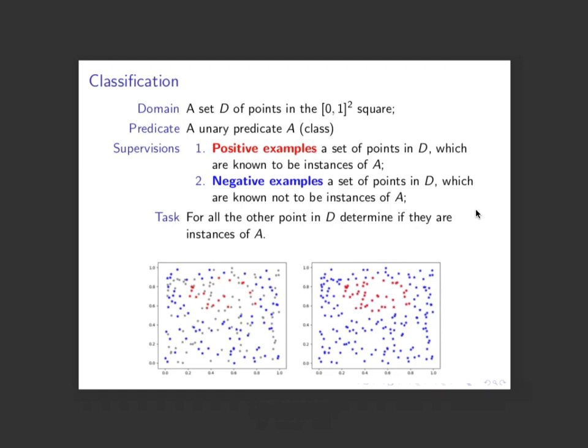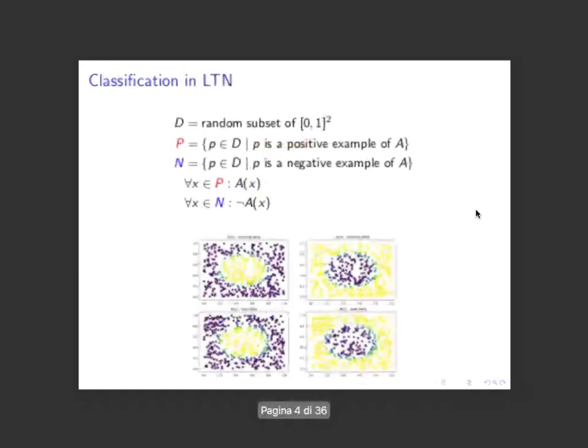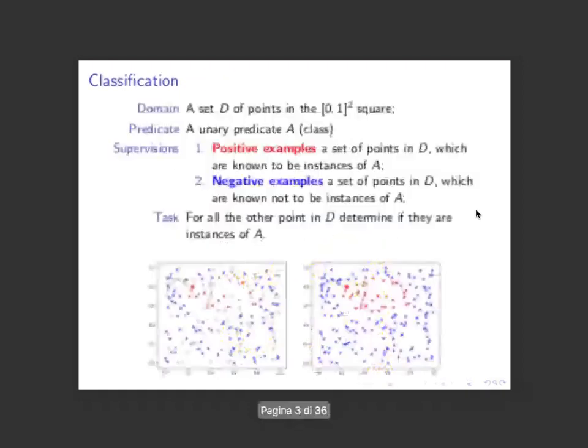So whether A of X is true for each point. And I have some positive examples, the red ones, some negative examples, the blue ones, and for the other points, the gray ones there, we need to decide whether they are an instance of A, so whether they belong to class A or not. So this is a typical classification task.